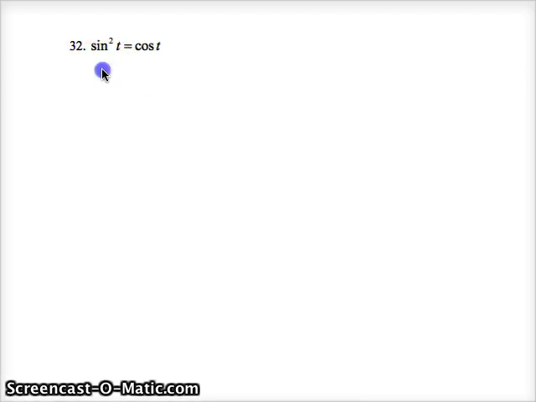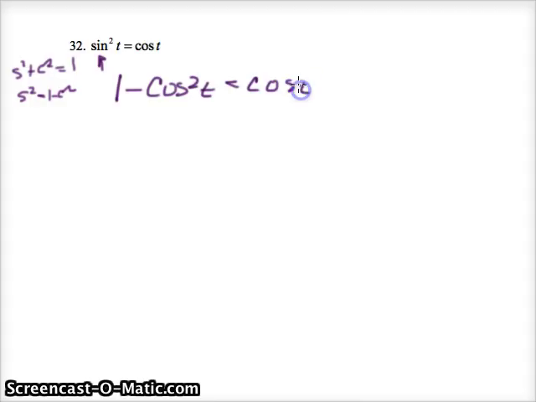Now, we all know by now, because sine squared plus cosine squared is equal to 1, so sine squared is equal to 1 minus cosine squared. Let me just write that down there. 1 minus cosine squared t, that's equal to cosine of t.